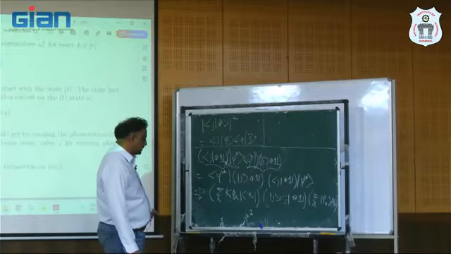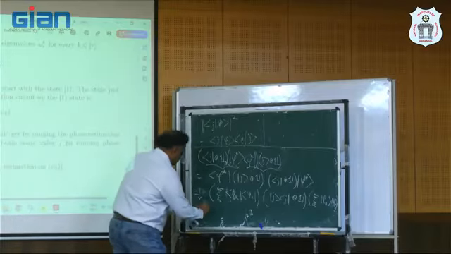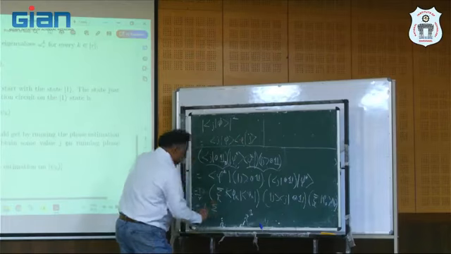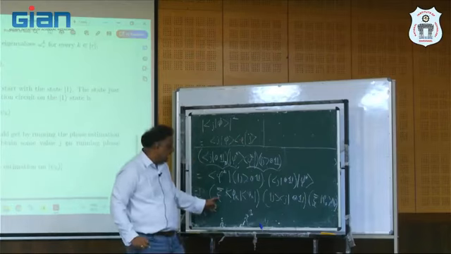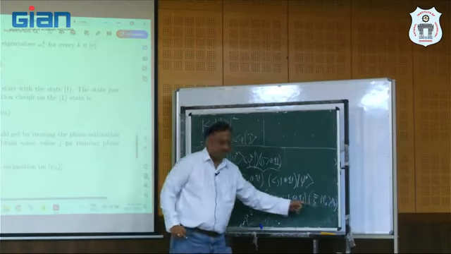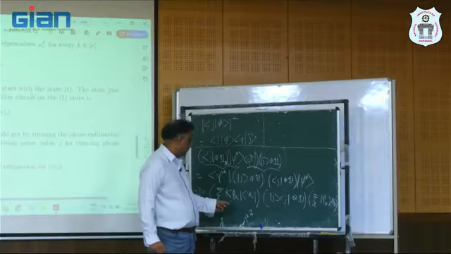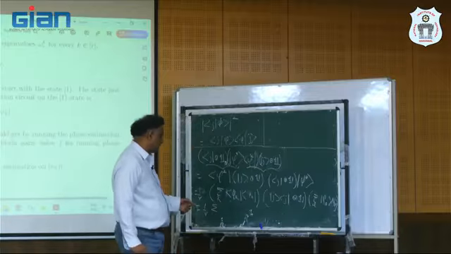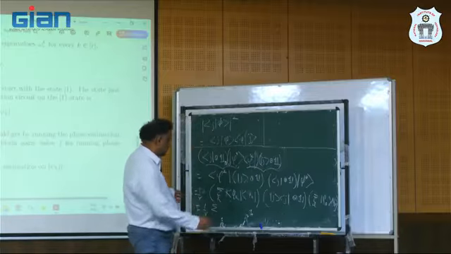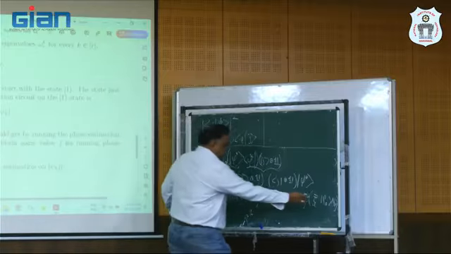Now let's collect the terms. 1 over r summation. Remember, if this k is different from L, what is happening? Psi k psi L, right? There is a psi L here, right?